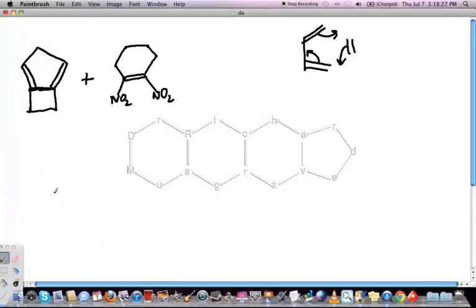Alright, again we're going to do it the same way as we did the previous one. So I'll set this up in the fashion I've got over here. And again I will draw it so that the main part of the dienophile is pointing away from the diene.